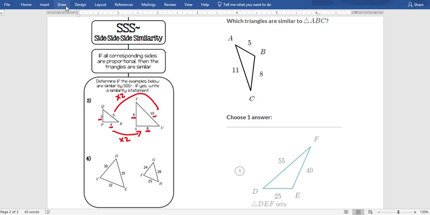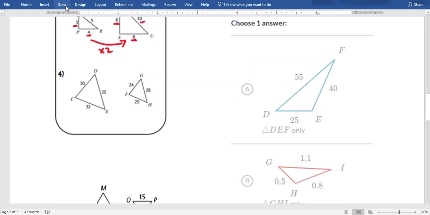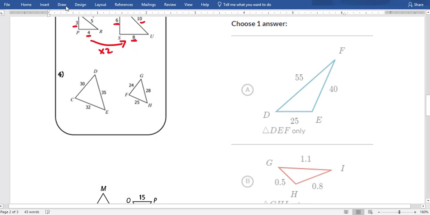If you're able to find a scale factor like that, the sides are proportional. Let me show you a different way on number 4 down here. So number 4, the numbers are a little bit bigger, and so I can't quite just double things in my head. What I would need to do on number 4 is set up proportions or ratios. So I'm going to put 30. 30 is the smallest number.